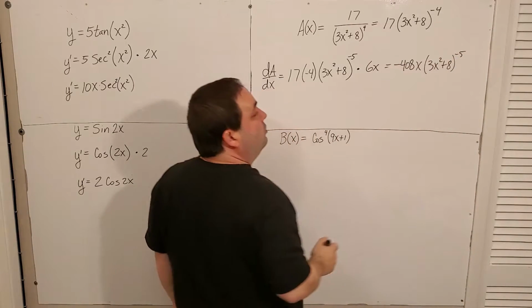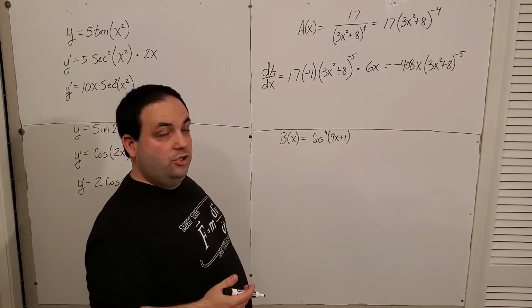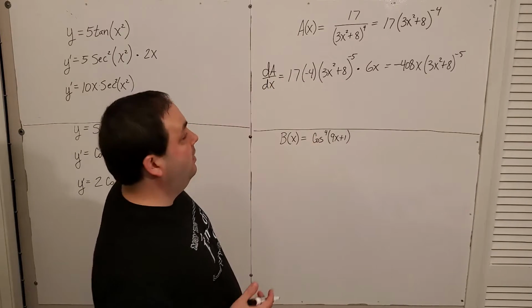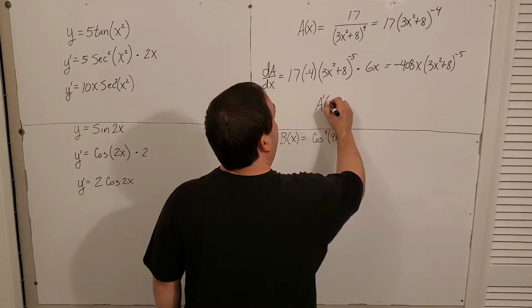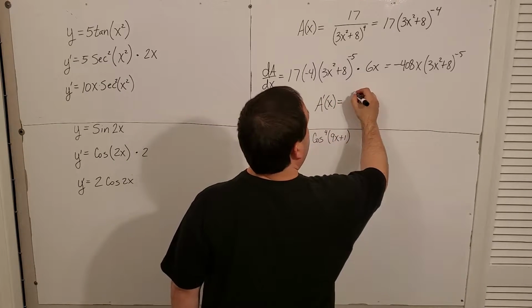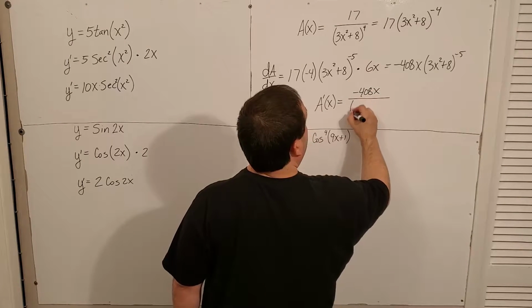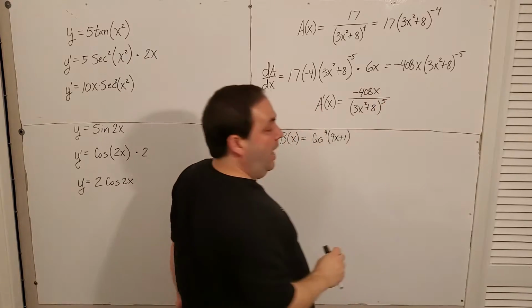This is one version of the derivative that I could leave it if I so chose to. Or if I wanted to go back to the original format of the function, I could also say something like a prime of x is equal to negative 408x divided by 3x squared plus 8 to the 5th power.